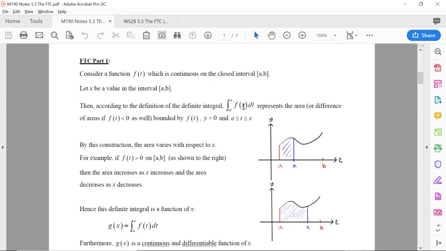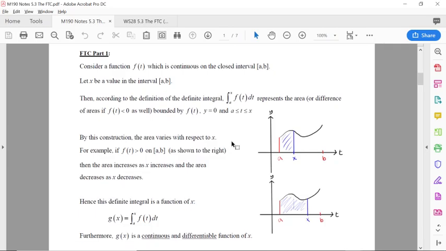So the derivative with respect to x of this integral, where the x is in the upper bound and t is the input variable, could be any other variable, but it wouldn't be x in here for this to be true, is going to be f of x.